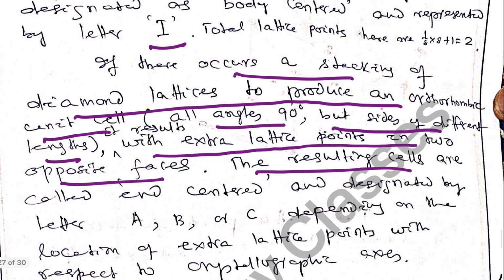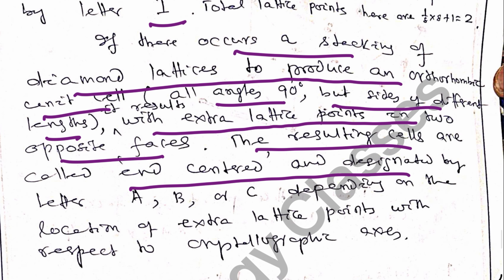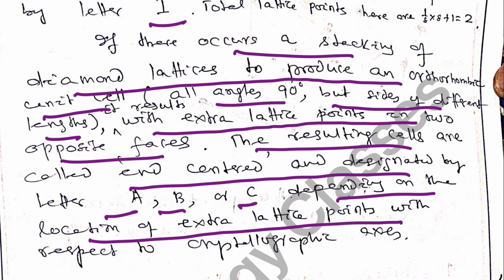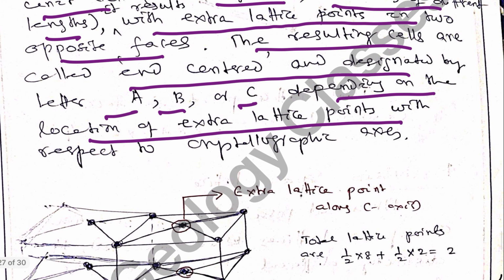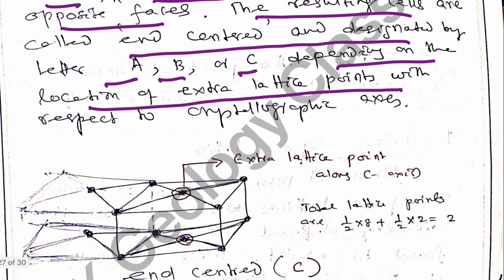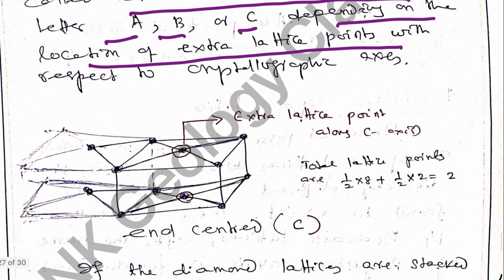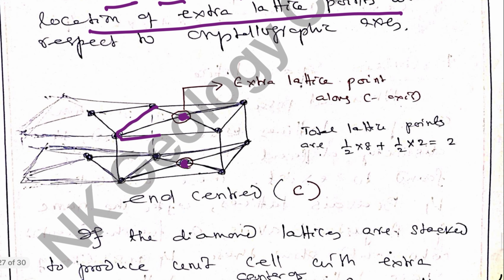The resulting cell is end centered and designated as A or B or C, depending upon the location of the extra lattice point, whether it is with respect to crystallographic axis A, B or C. So, this is C. This lattice point is located on the opposite horizontal faces. So, this is end centered.